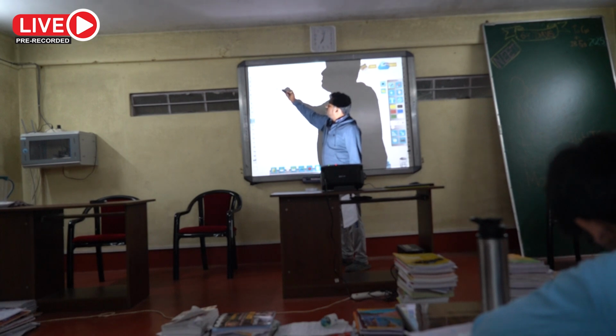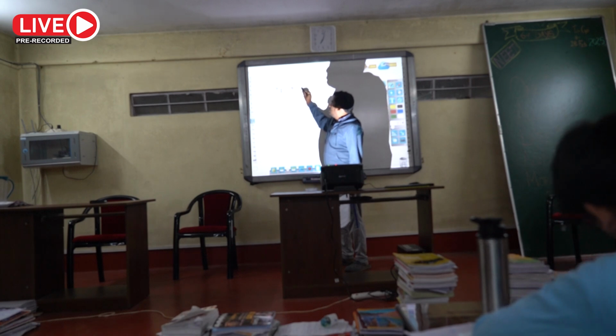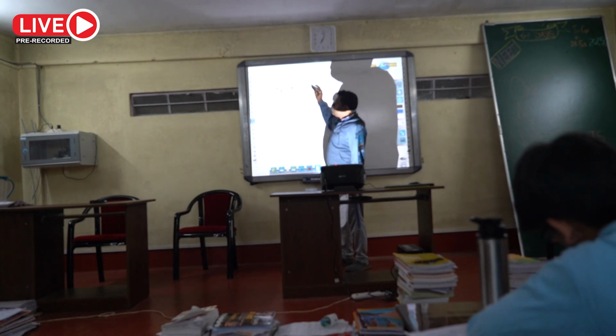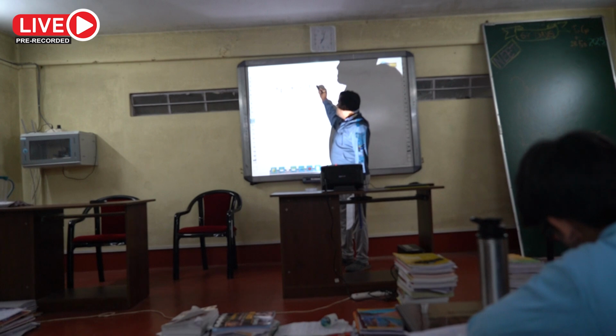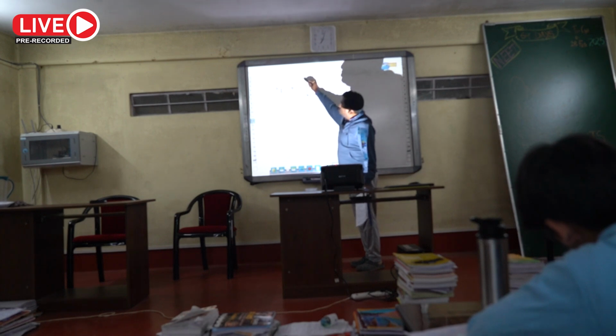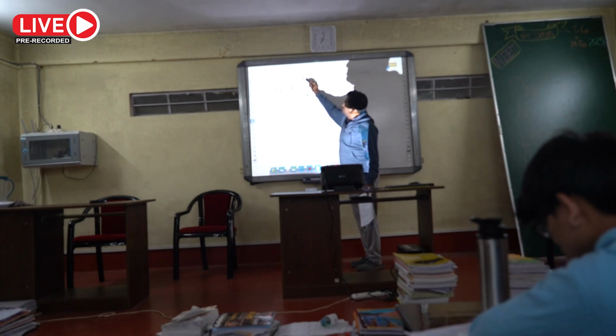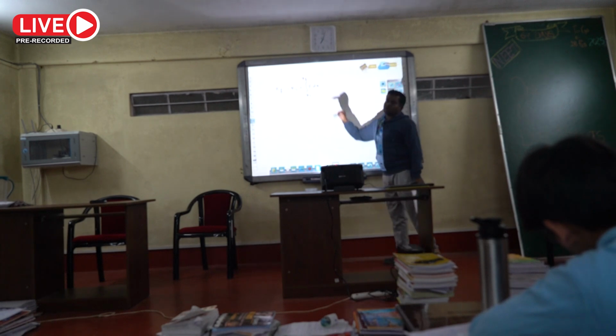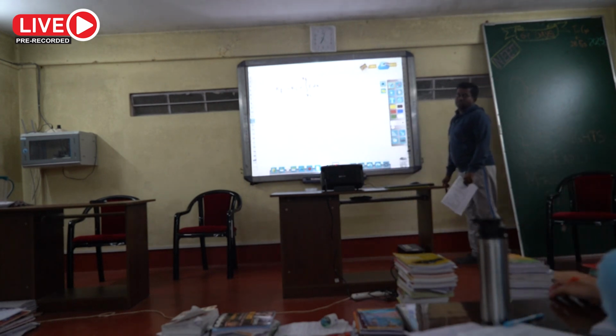So Kf minus Ki will be equal to the work done by the applied force, integral of F dx, between limits xi to xf. So this is the work done by the applied force.